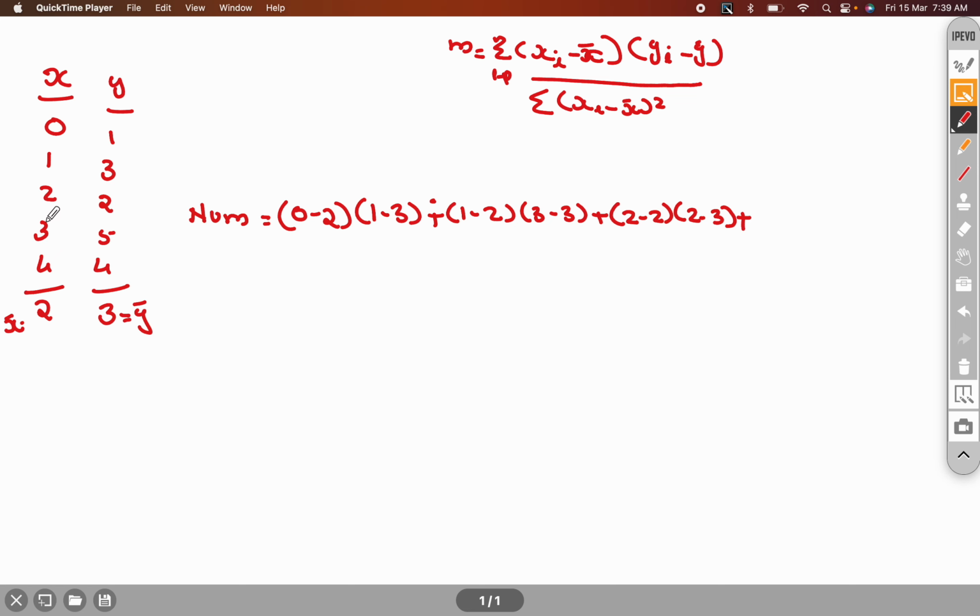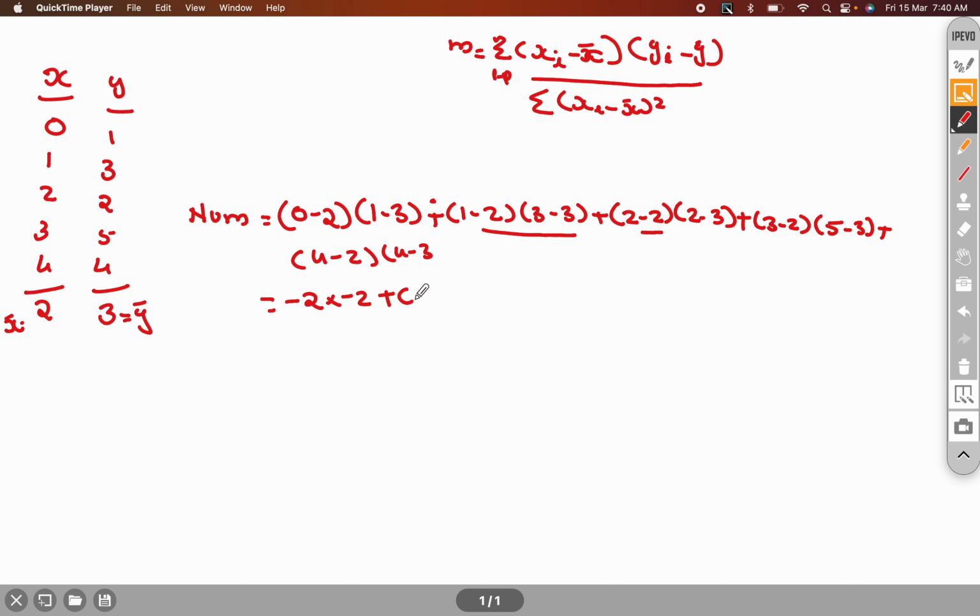Then the next value of x is 3: 3 minus 2 multiplied by 5 minus 3. Then 4 minus 2 multiplied by 4 minus 3. So this is equal to minus 2 multiplied by minus 2, then this will be 0 because 3 minus 3 is 0, and here 2 minus 2 is 0, so this entire term is 0.